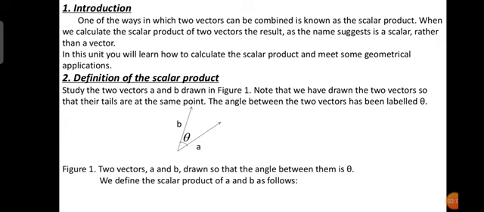So in this unit, you are going to learn how to calculate the scalar product and some geometrical applications. So, the definition of the scalar product. What do you mean by a scalar product? Two vectors A and B have been drawn in the given figure, with the tails at the same point, that is, the same starting point.